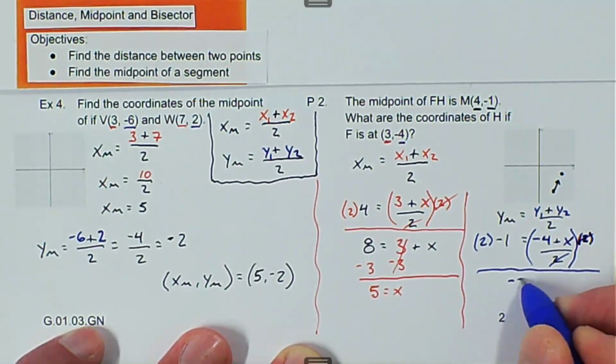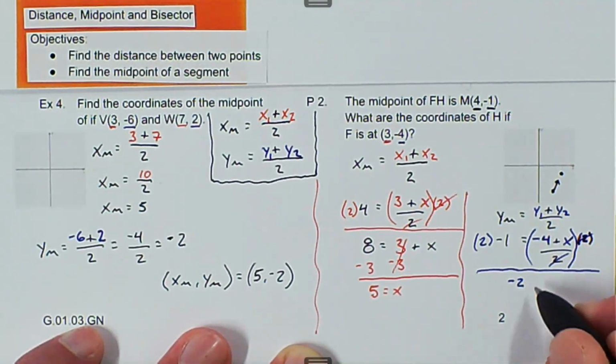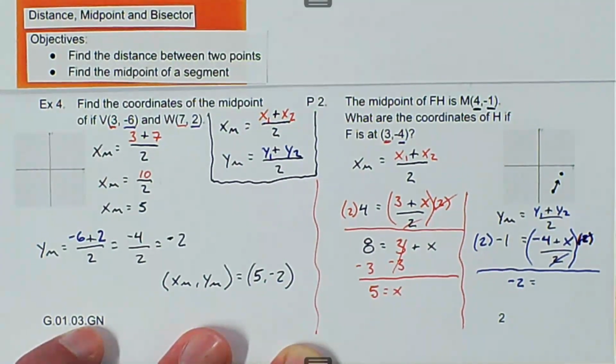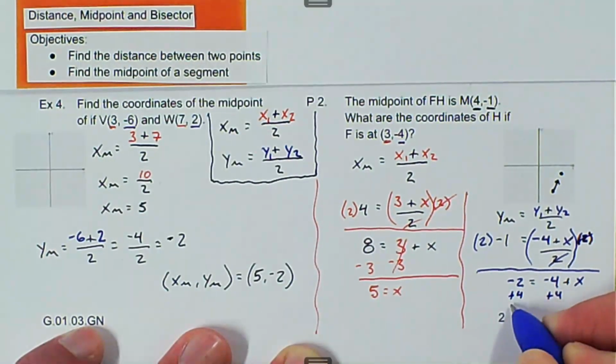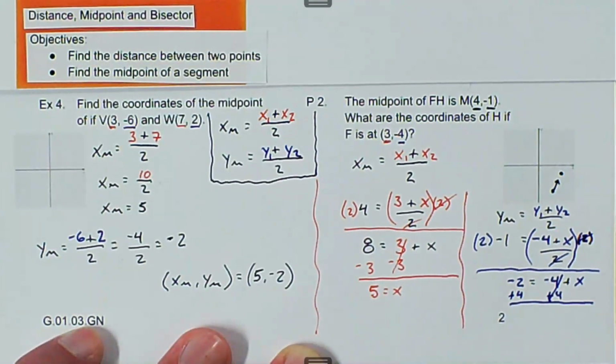And we're left with -2 is equal to -4 plus x. So we're going to add 4 to both sides because we want to get rid of that -4 there. -2 plus 4 is 2. So 2 is equal to x.